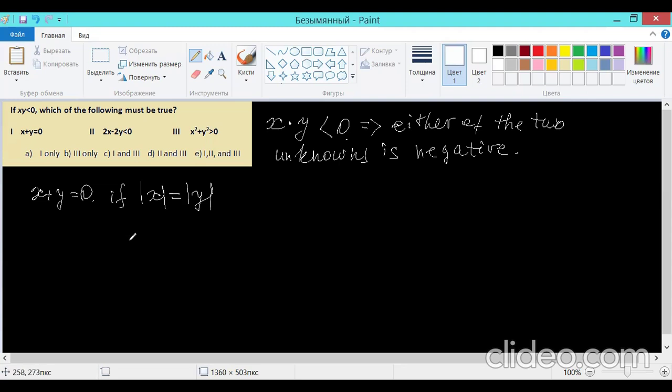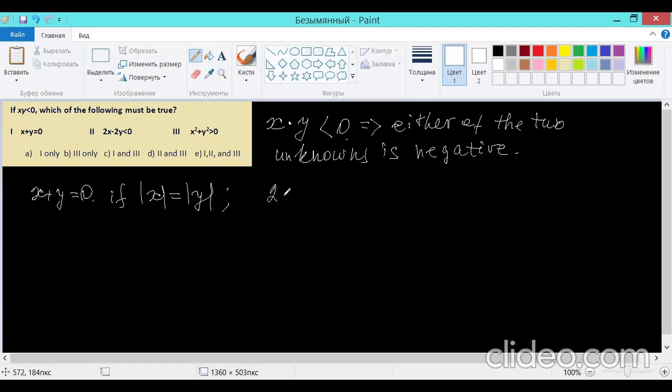However, it's not for sure because we don't know if the absolute values of the two unknowns are equal to each other or not. We have no idea. We are considering a very general solution. For that reason, option one is not the absolutely correct choice, if I may say so. Let's take a look at the second.